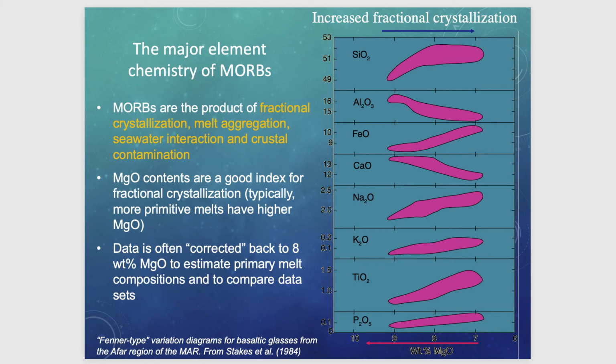We also lose some calcium, and aluminum is in a decreasing trend because it's fractionated in the feldspars.